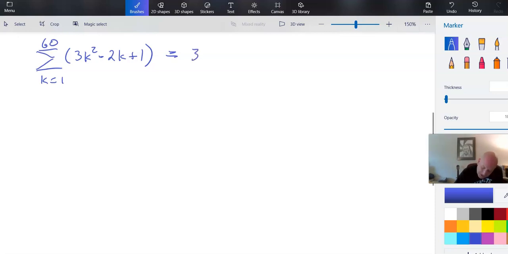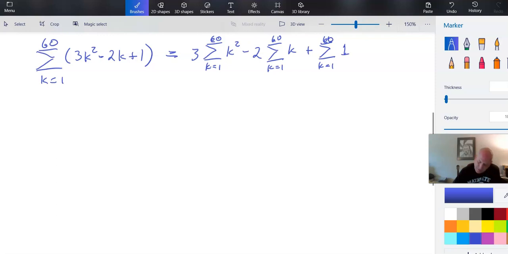So what that means is I can change this to 3 times the sum from k equals 1 to 60 of k squared, minus 2 times the sum from k equals 1 to 60 of k, and then plus the sum from k equals 1 to 60 of 1.